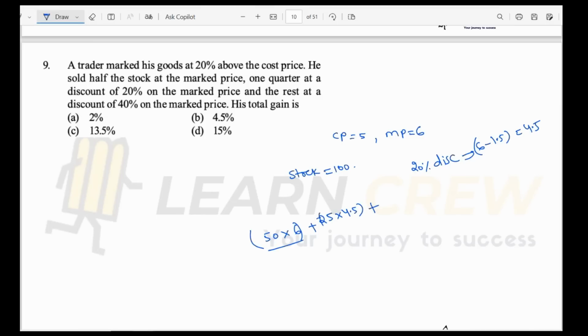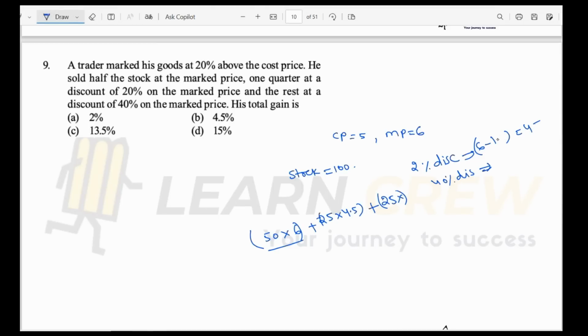And the rest at a discount of 40%. Rest are how many? 25. When 20% discount is 3 rupees, 1.5 rupees, 40% discount would be how much? Sorry, I think I'm wrong. 20% on 6 is how much? 1.2, not 1.5.